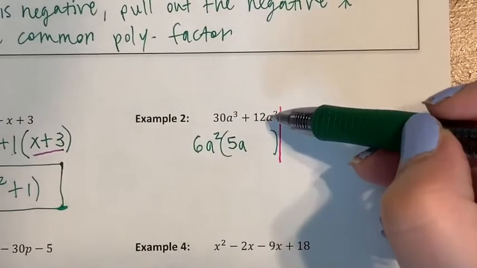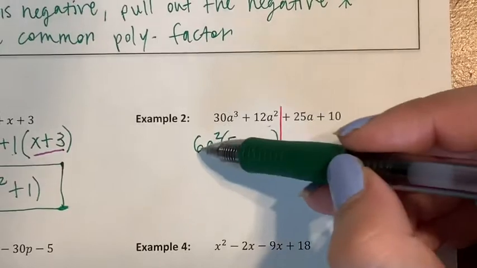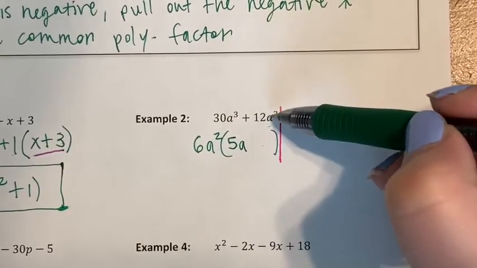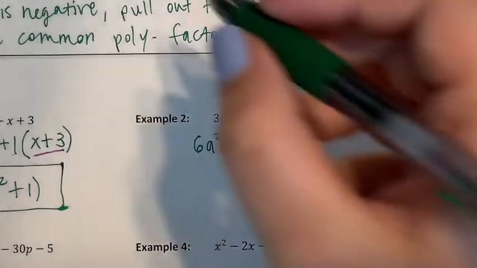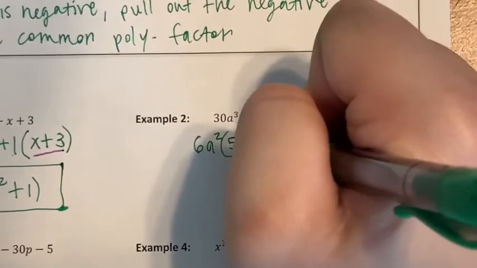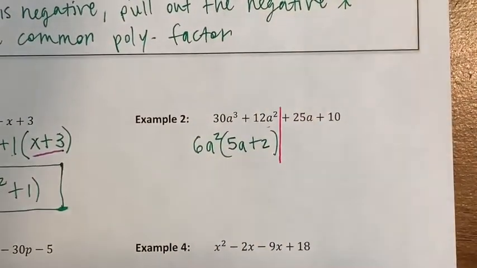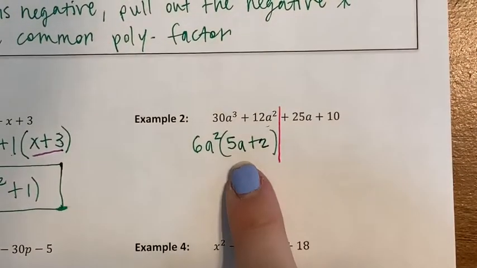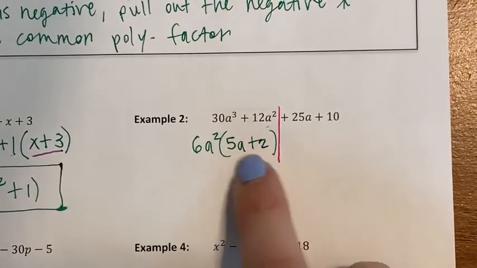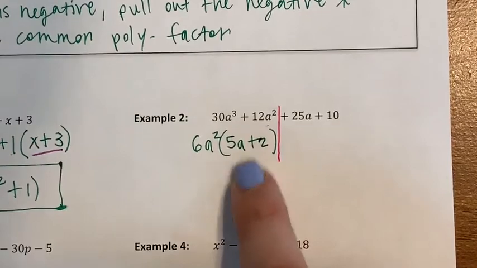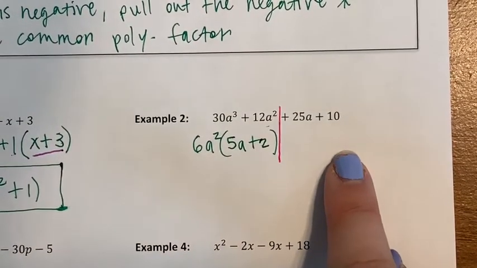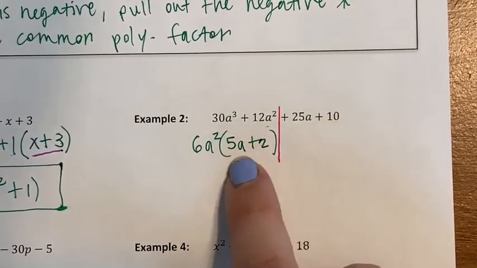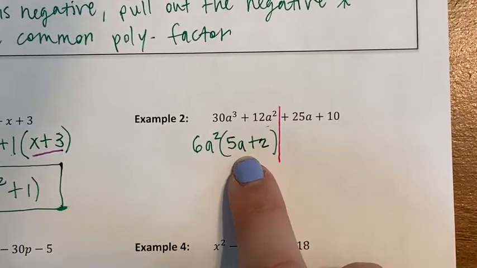I also have to do it for the second term. 6a squared times what gives me 12a squared? Well, 6 times 2 gives me 12, and my a squared is already taken care of. So 5a plus 2 is what I have in parentheses here. I'm hoping that when I factor by grouping for my second half, I also have 5a plus 2 in parentheses.